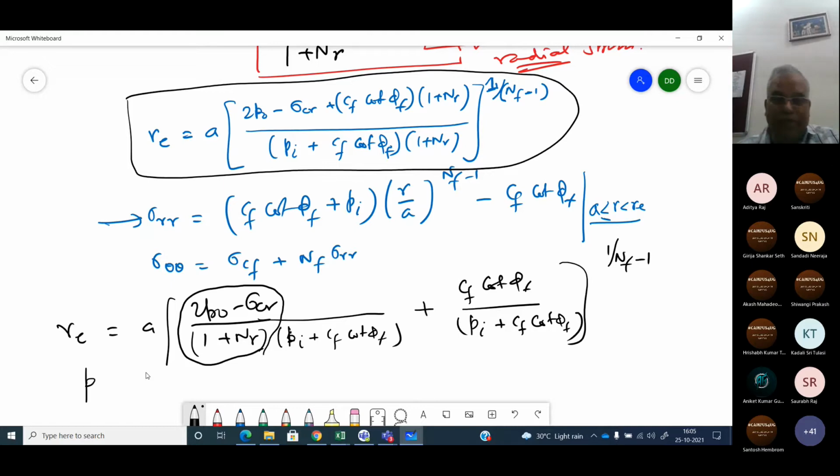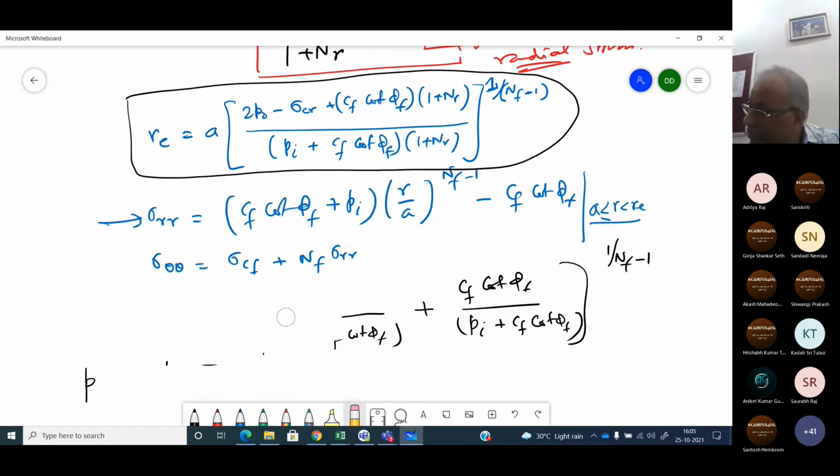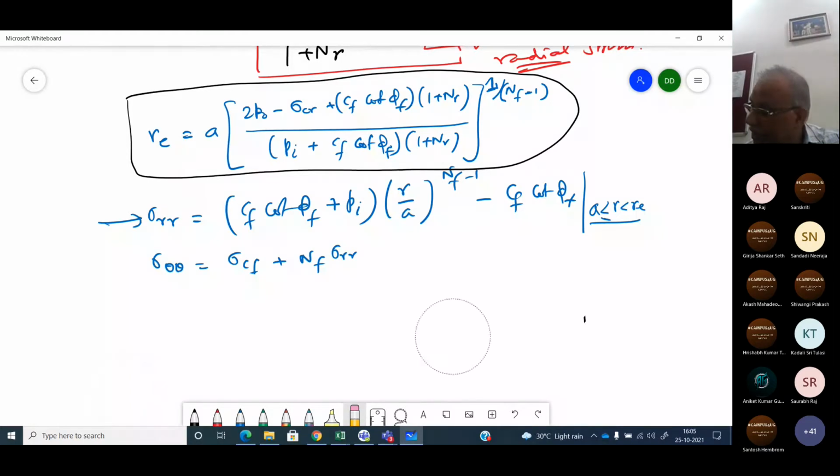Oh, wait. Let me not do it this way. Let me put a restriction here that this one inside is equal to 1.